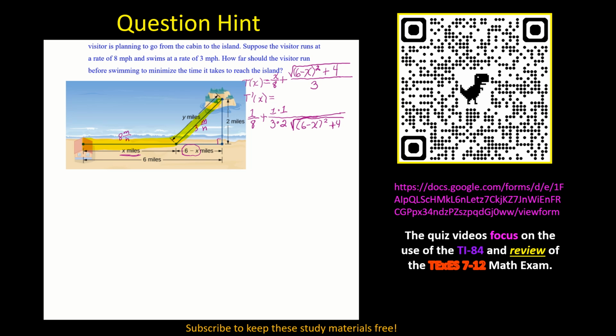Now we have to deal with the inside. It doesn't go down to the denominator if you remember your chain rule. So what are we going to do? We need to multiply by the first derivative of the inside part. Well, 4 becomes 0.